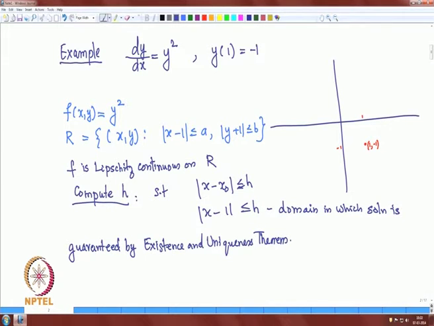That is right. Okay. So, what is h? h is defined as the minimum of a and b by m.